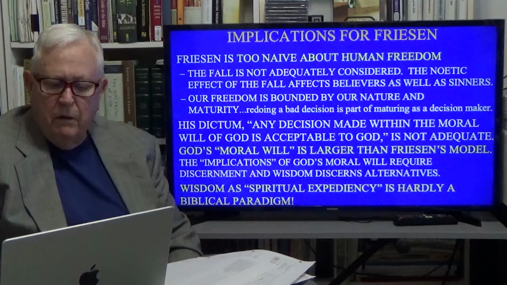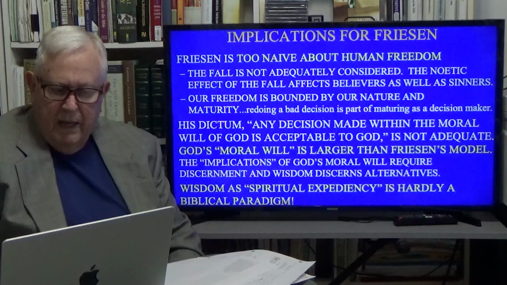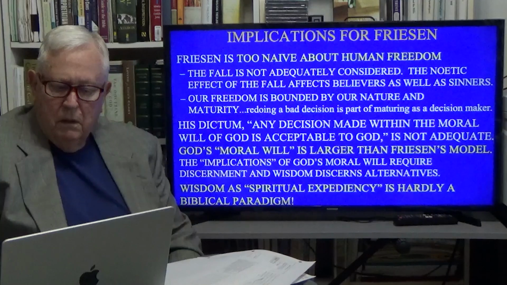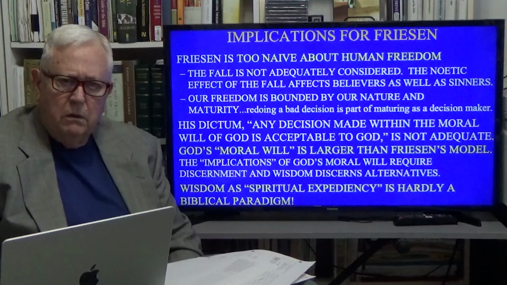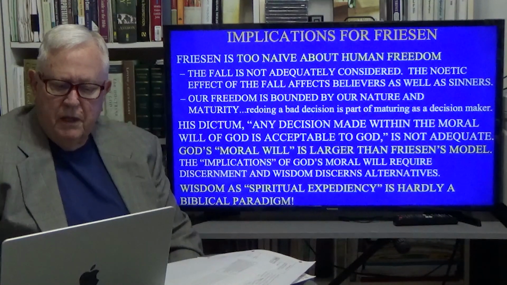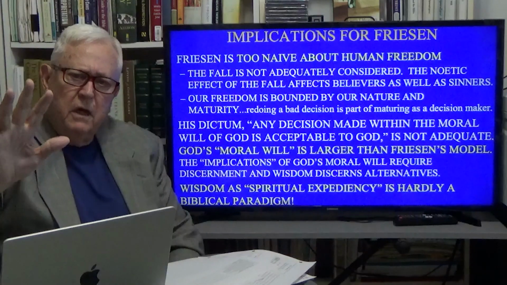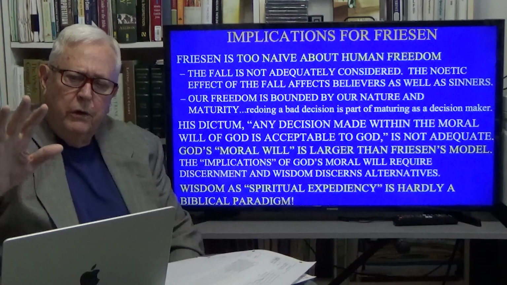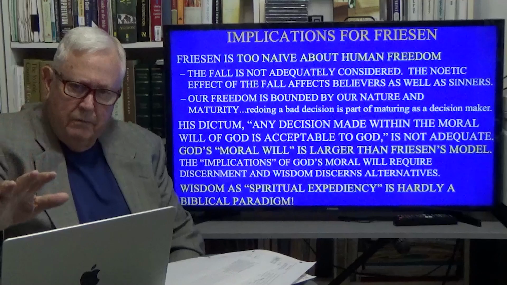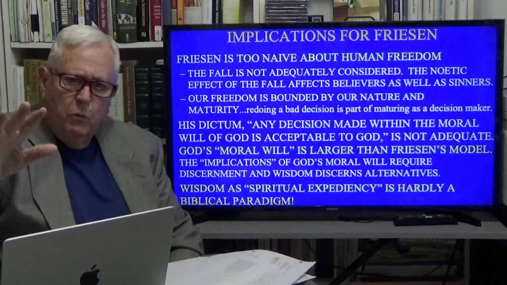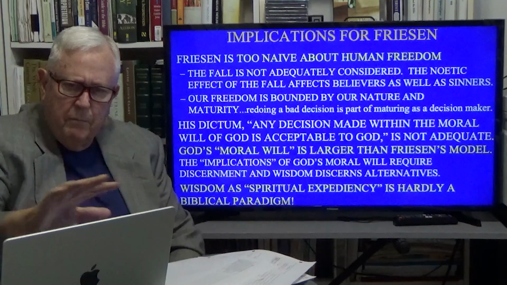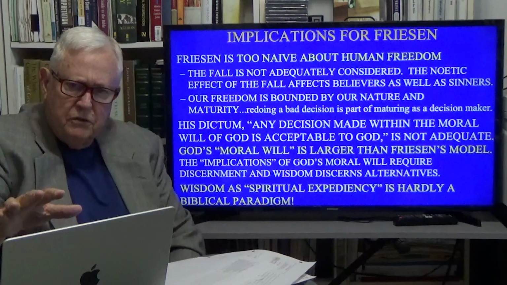Our freedom is bounded by our nature and by our maturity. We mature as we go along. I've redone a lot of decisions in life. Redoing a bad decision is part of maturing as a decision maker. In fact, as someone once said, God builds his work on our mistakes. Sometimes, in the providence of God, we make a decision that's not good. Not an immoral decision, but a decision that's not good.